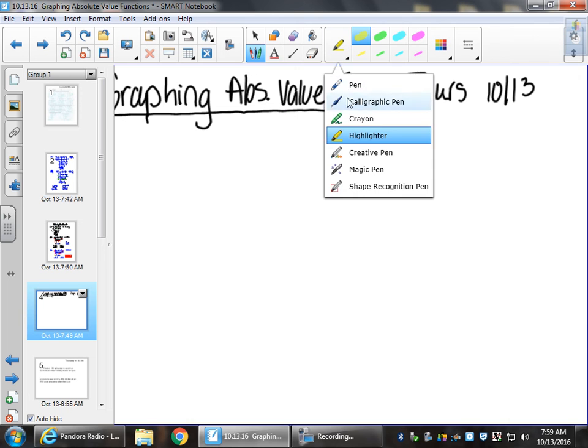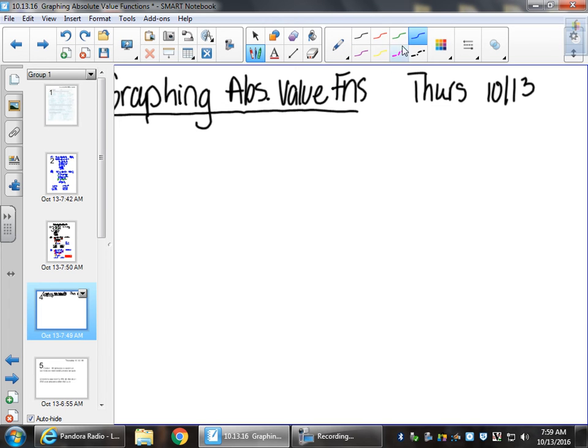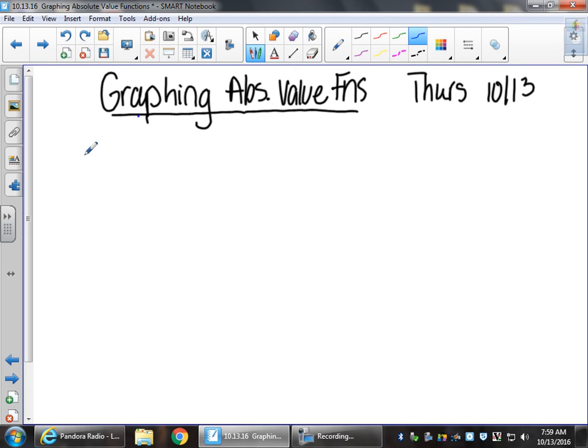Graphing. Graphing is awesome. It really is very direct in how we approach it, okay? To graph, step 1.